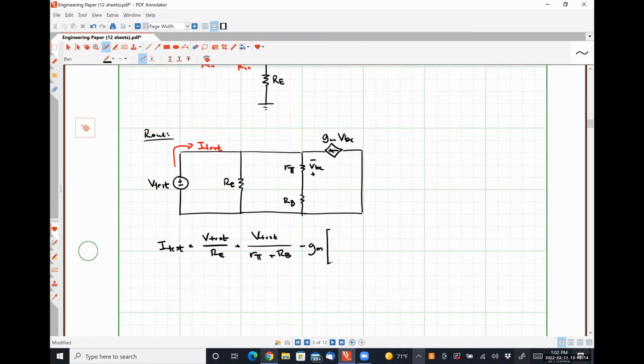And then the quantity VBE, just using voltage division, is going to look like negative V test times R pi over R pi plus RB.